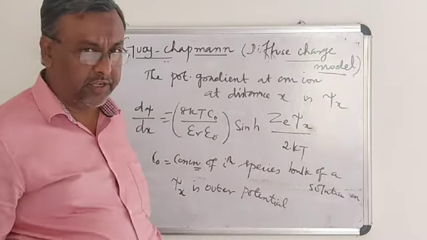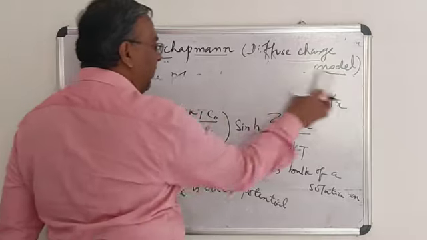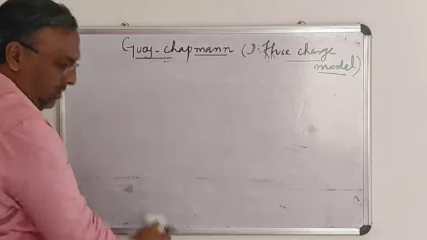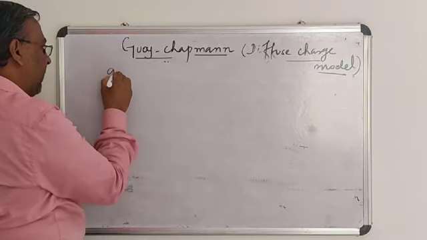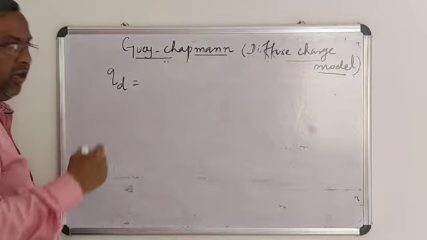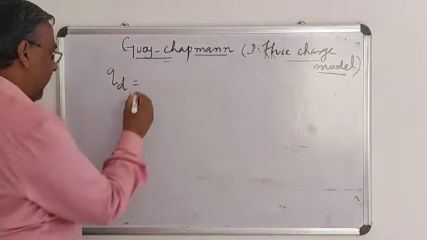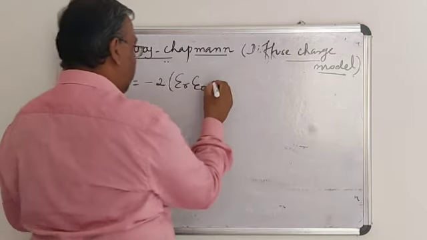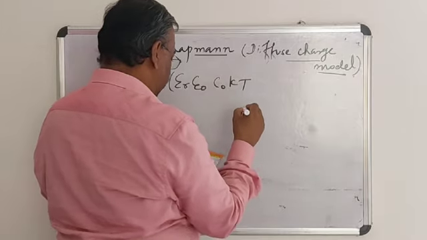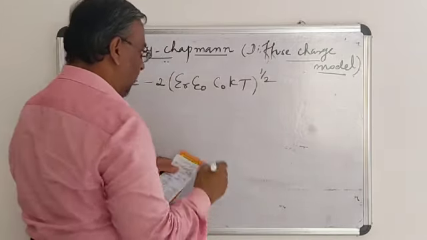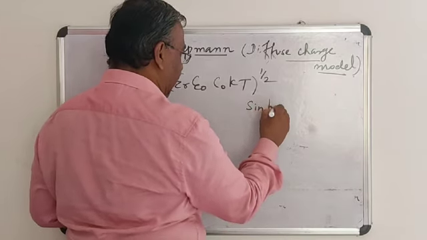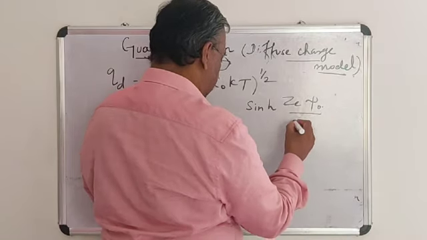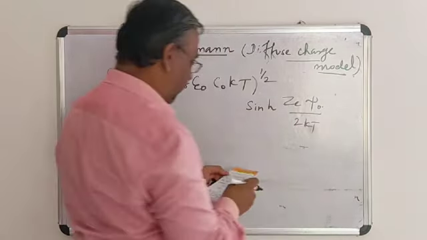Next, continuing this, we have the charge density. The charge density in the diffused state, on the diffused electrolytic solution side, is given by minus 2 into epsilon r epsilon 0 C0 kT to the power half into sinh of z e psi 0 divided by 2 kT.